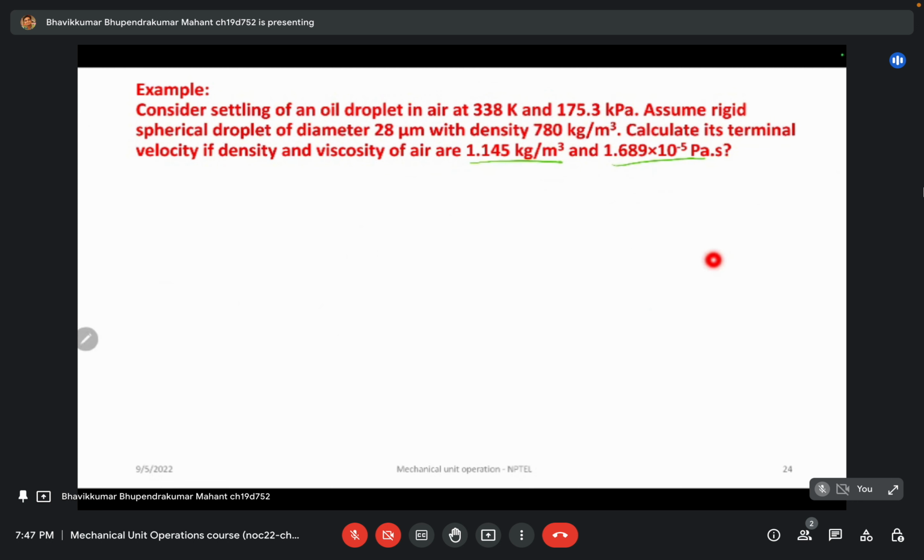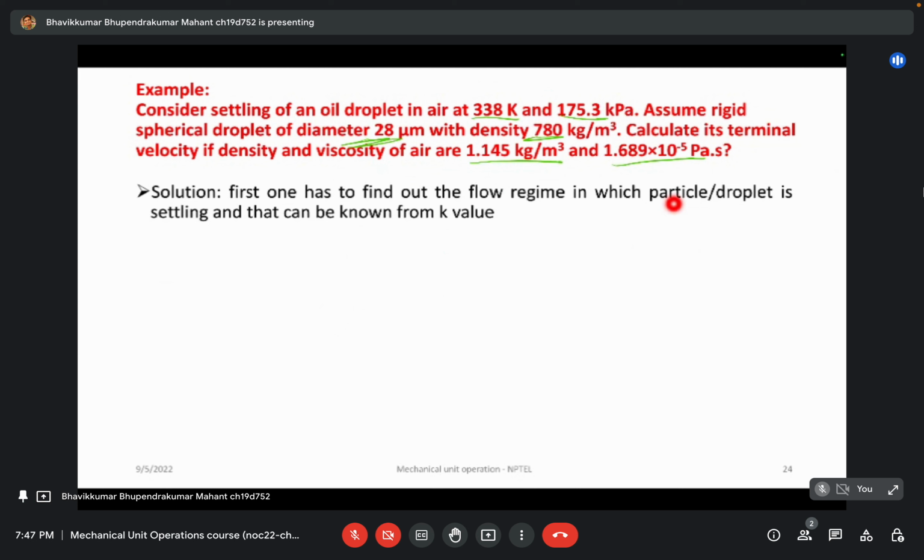Air is the medium. This is the temperature, which I don't think is required in our calculation, but if you want to use some charts, then it is important. This is the temperature and pressure, this is the diameter of our spherical droplet, and this is the density. We need to consider the droplet as a solid.